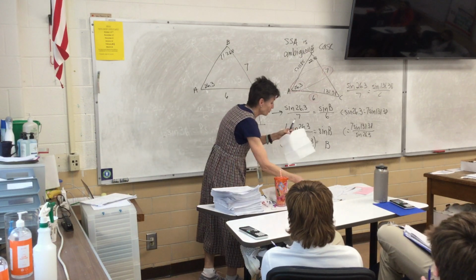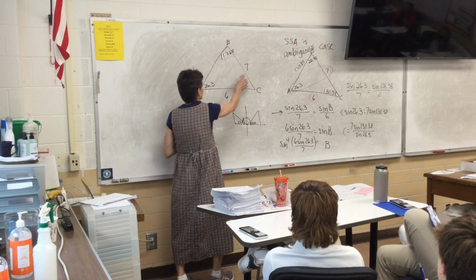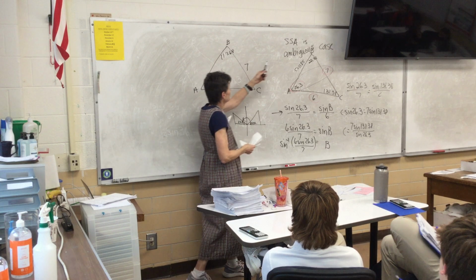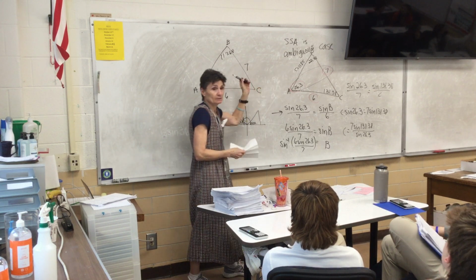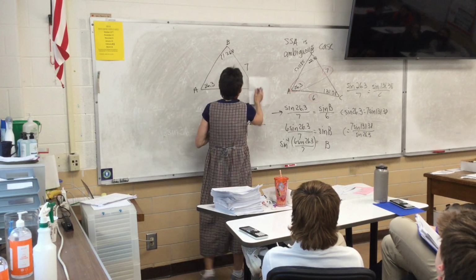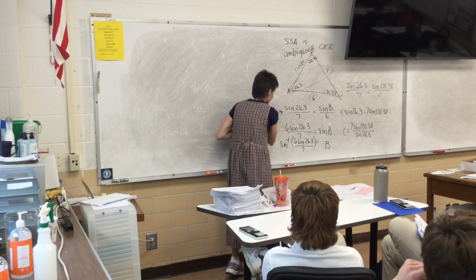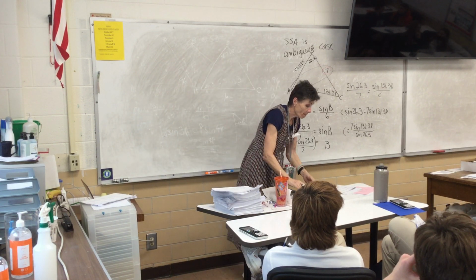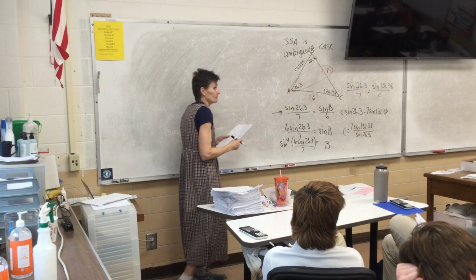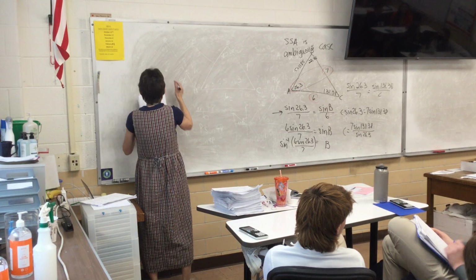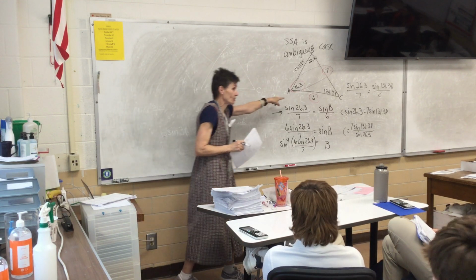You cannot determine congruence based on angle, side, side. So this could be two different things. And let's do another one, see if we can make sense of all this. If the angles add up to more than 180, no, it's one solution.